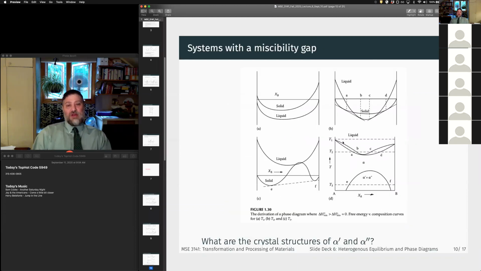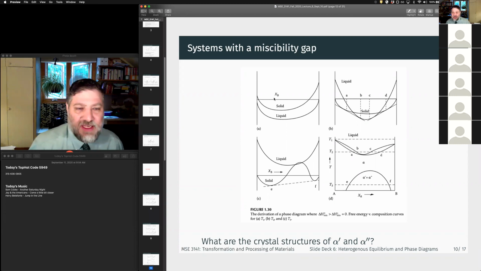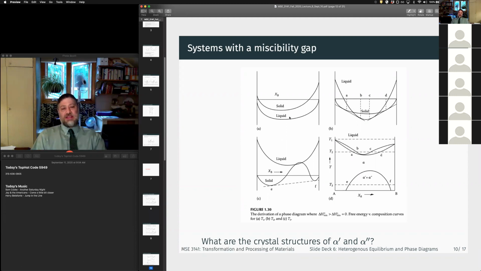Okay, so what about systems with a miscibility gap? That's the next level of complexity on the phase diagram. At high temperatures, no problem, our liquid is everywhere lower than our solid, so we're completely liquid. We come to this intermediate temperature range where the solid drops below the liquid.